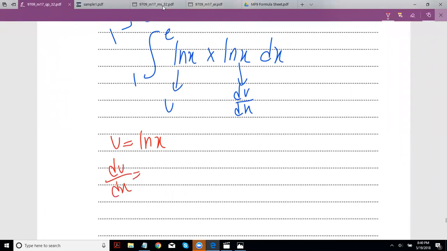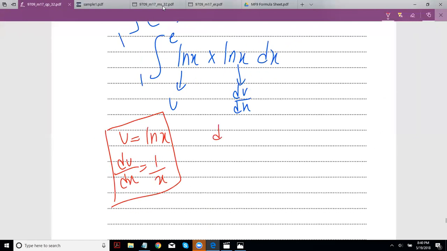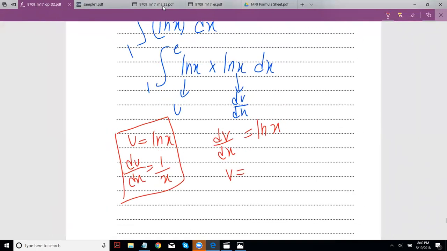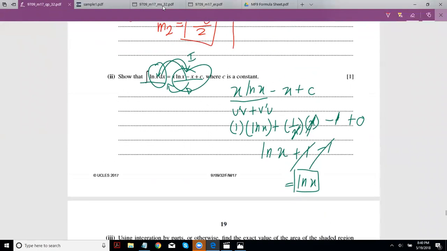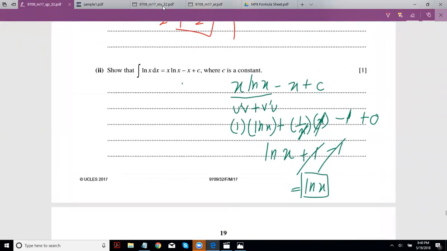The differential of u is 1 upon x. So you've got information for u and its derivative. dv over dx is ln x. If you integrate this, you get v. Now we can't integrate ln x directly, but that's where the previous part comes in. They already asked us to show this, which is why they asked us. Normally in such questions, there is a link.